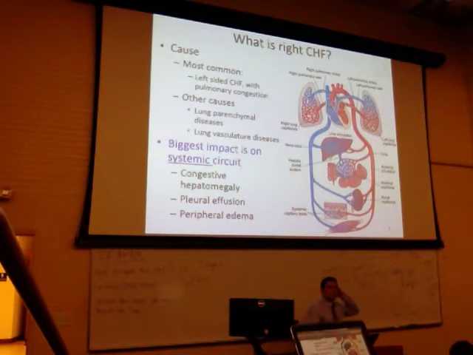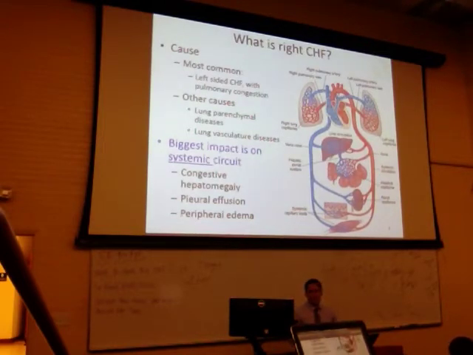So the biggest impact of right-sided heart failure is on the systemic circuit. You're going to see enlargement. That's hepatomegaly, an enlargement of the liver.